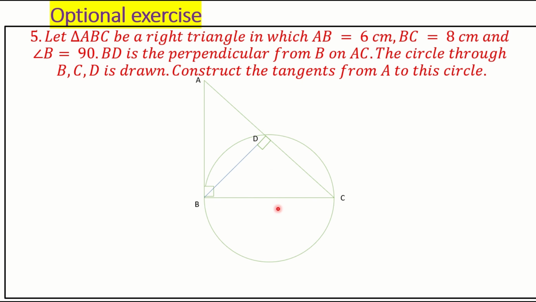This is also 90 degrees, so take the midpoint of this line and you can draw it. Because it's a right angle triangle, the circumcenter will be the midpoint of the hypotenuse. You can construct it. It comes out something like this, and then the tangent from A to this circle.